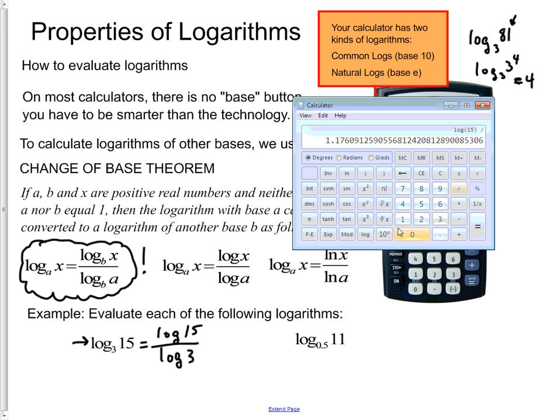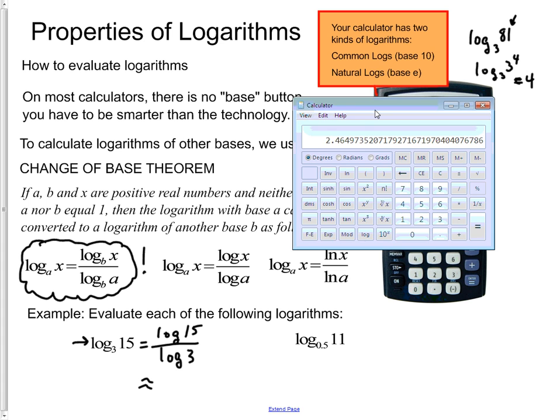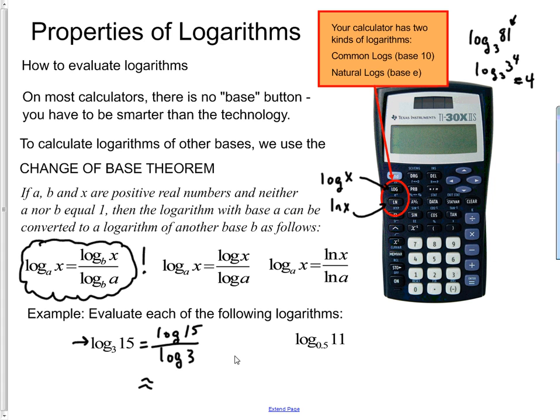And if I divide that by the logarithm of 3, you see up here on the window log of 15 divided by log of 3, I get approximately 2.465. Not too bad. Now, you could verify that this would be exactly the same thing as if we were to rewrite it in terms of a natural logarithm.